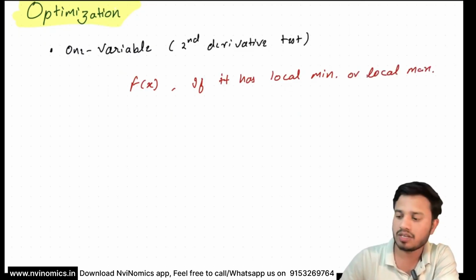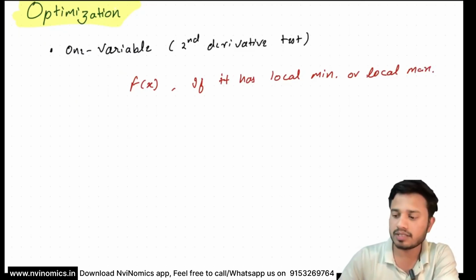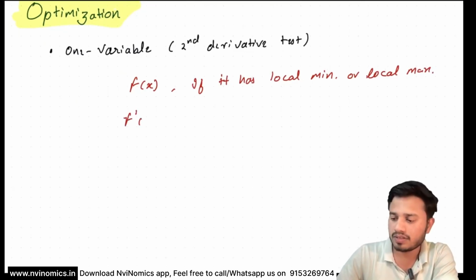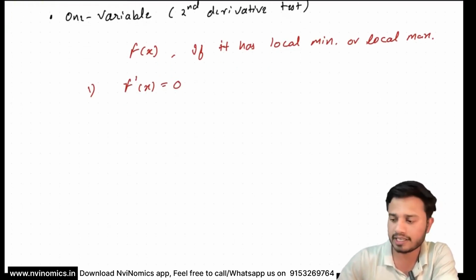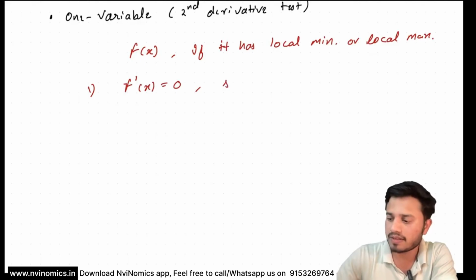First, you have to find the critical points, that is, you solve f'(x) = 0 first, step 1, and then step 2 you find the critical points. Let's say C is one critical point.